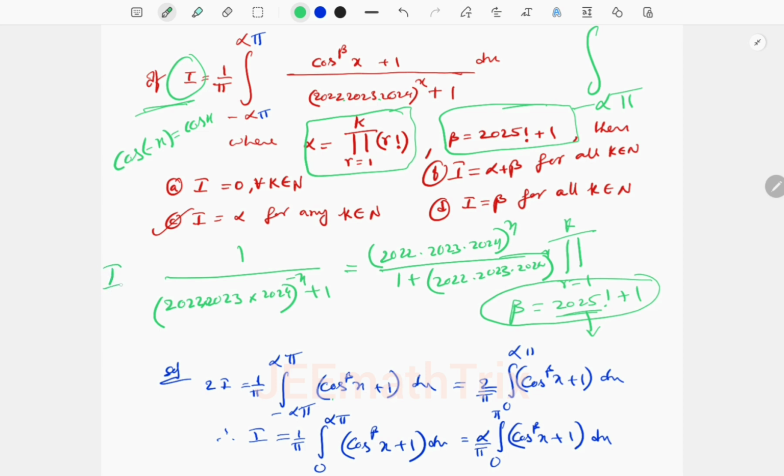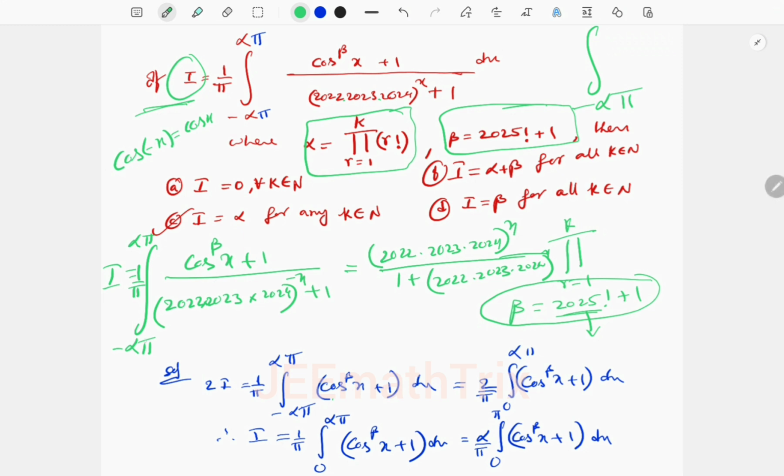So what we get here is the integral from minus alpha pi to plus alpha pi with numerator cos power beta x plus 1. So the same thing is coming.